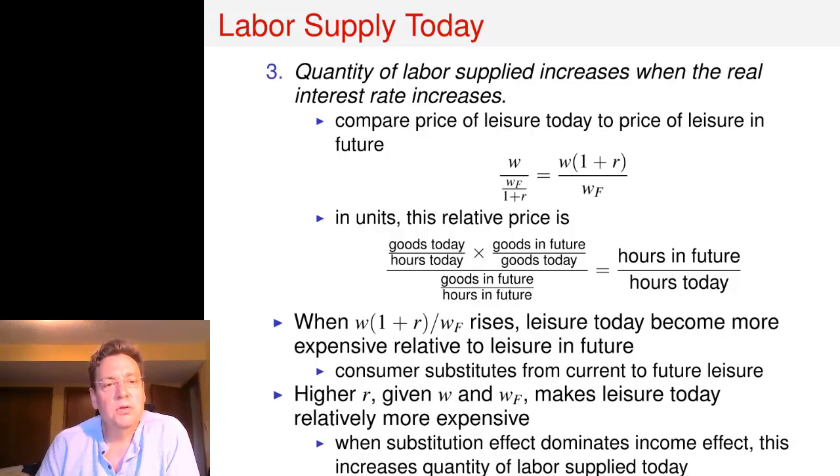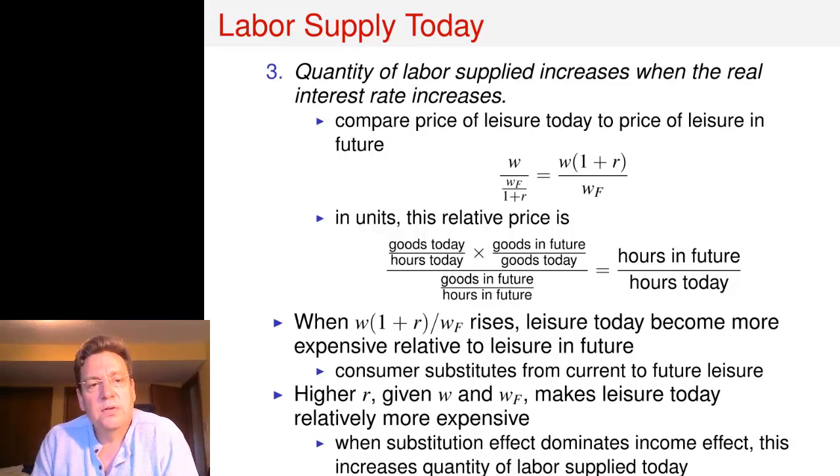Now we get the new relationship, which comes from the fact that we have a dynamic or intertemporal model. And this new relationship says that the quantity of labor supplied is going to increase when the real interest rate increases. The way to see that is to compare the price of leisure today to the price of leisure in the future.